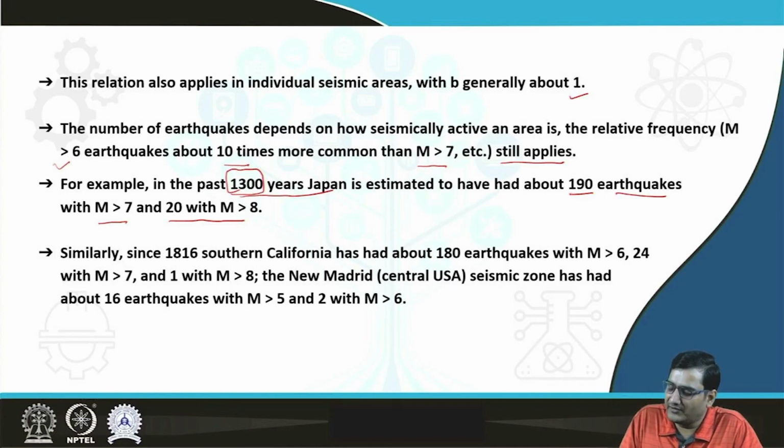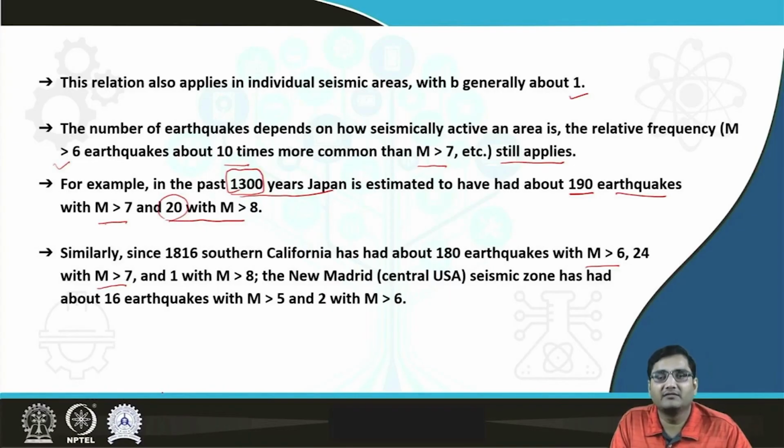Similarly, since 1816, Southern California has had about 180 earthquakes with magnitude greater than 6, 24 earthquakes with magnitude greater than 7, and only one with magnitude greater than 8. The New Madrid, Central USA seismic zone has had about 16 earthquakes with magnitude greater than 5 and 2 with magnitude greater than 6.